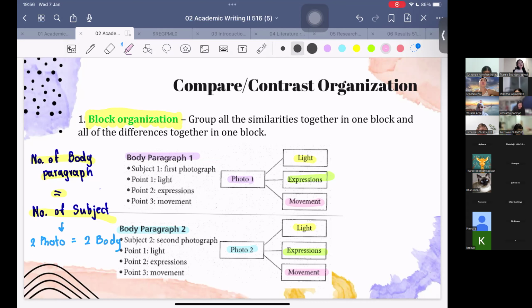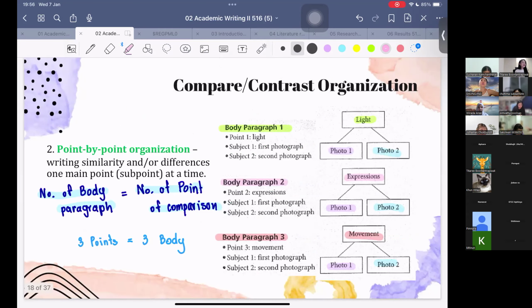That's the first style. The second style is point by point organization. For point by point organization, I think a lot of people have already used this style of writing before, where you talk about each point of comparison and what happened in each object.